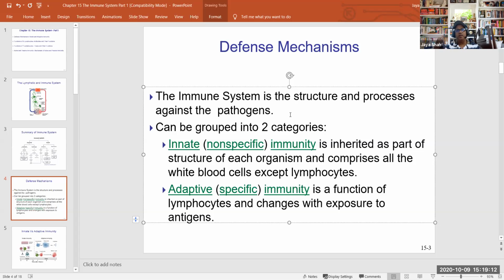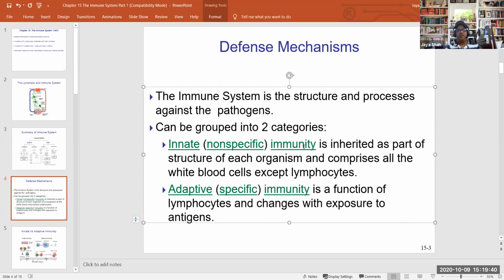Any structure or process in our body, for example our saliva, and processes like phagocytosis, are the defense mechanism. The immune system can be grouped into two categories. As you know, they are innate or non-specific immunity, and adaptive or specific immunity.